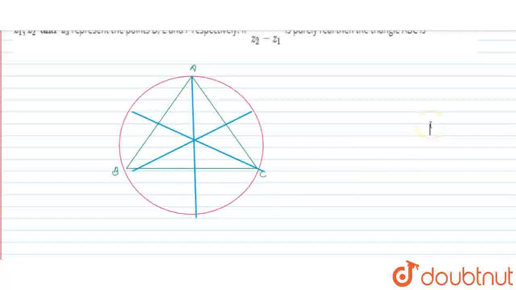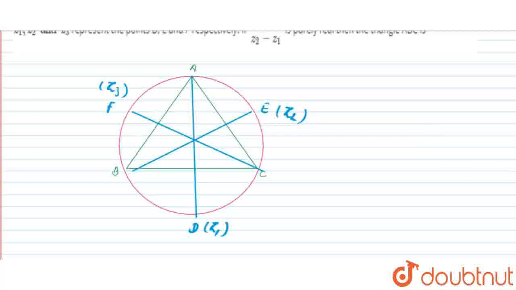Now these three altitudes meet the circle at D, E, F. Just imagine that this is your D, this is your E, this is your F, and these D, E, F are what? Z1, Z2 and Z3. This is Z1, this is Z2 and this is Z3.